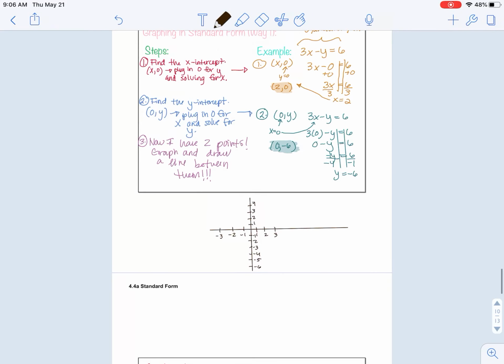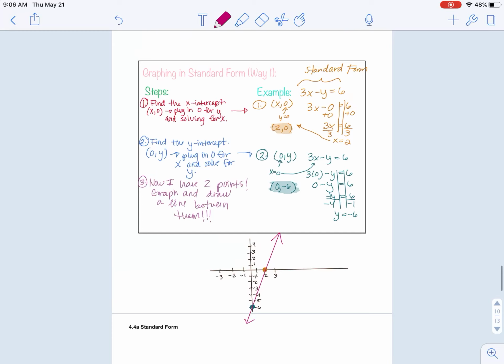I see that my x-intercept is 2, 0. My y-intercept is 0, -6. Now I can just take a line and draw it through both points to make my line. And there you have it. You've graphed your standard form.